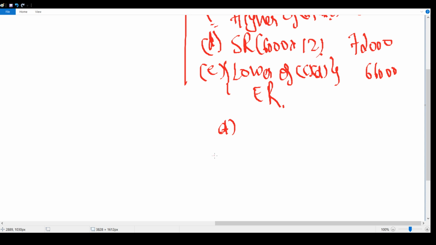As there is no rent received or receivable in house number 2, in that case we'll take GAV equal to expected rent, that is 66,000.